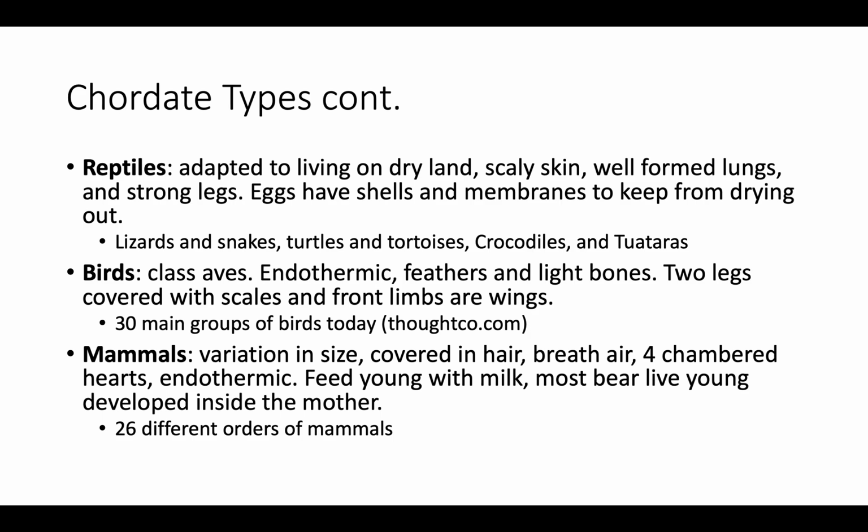The fluid that a fetus sits in is called the amniotic fluid. So it's pretty much a fluid or a sac that is covering and supplying nutrition to the larva or the fetus. It has membranes to keep it from drying out. Common reptiles being lizards, snakes, turtles, tortoises, crocodiles, and tuataras.